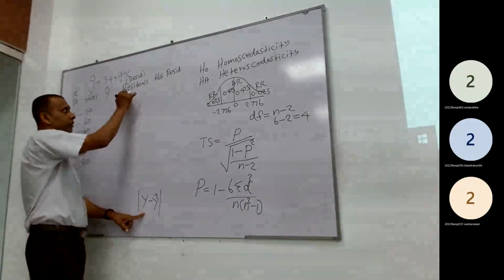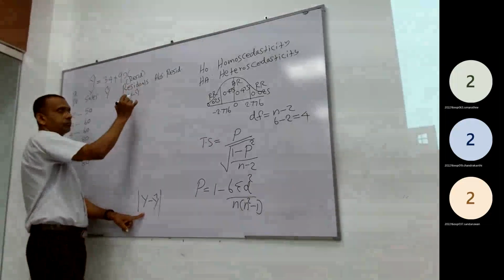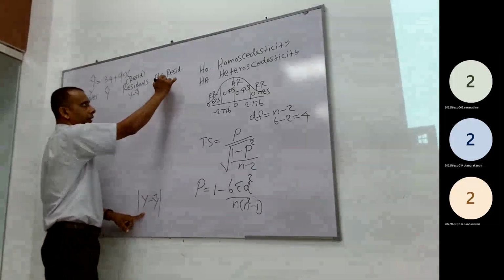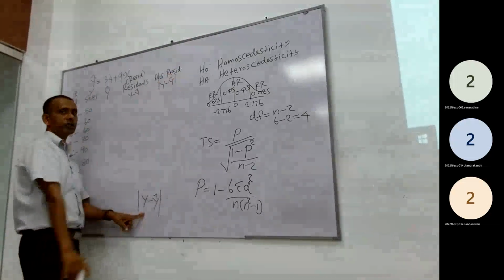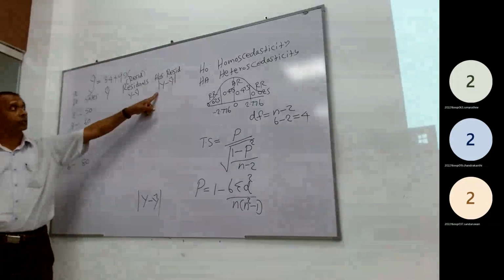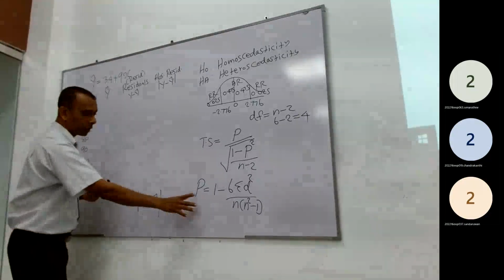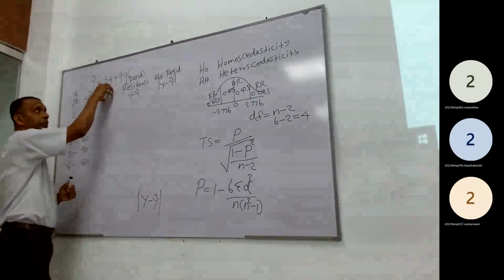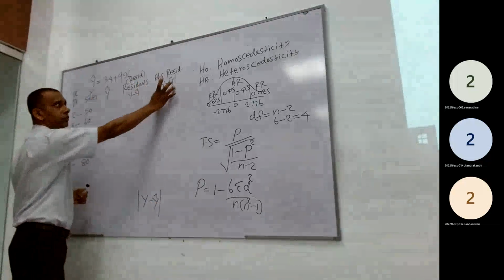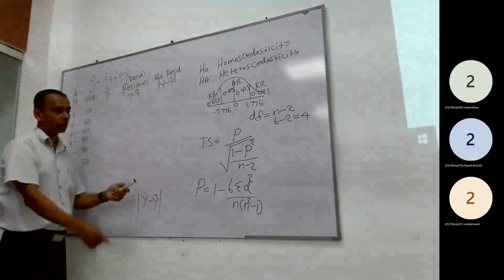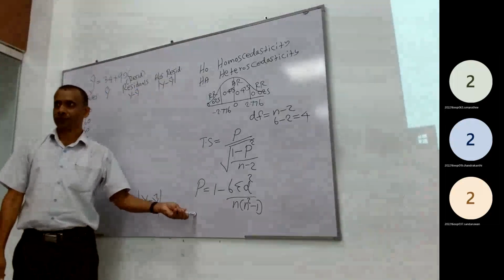Here residuals means y minus y hat, and the absolute value of residuals means the absolute value of y minus y hat. Then we calculate the rank correlation between the predicted value and the absolute value of residuals. Between these two we want to calculate rho. Right?